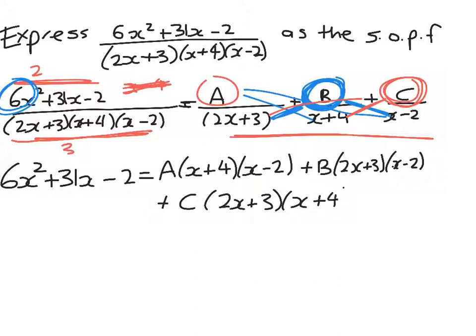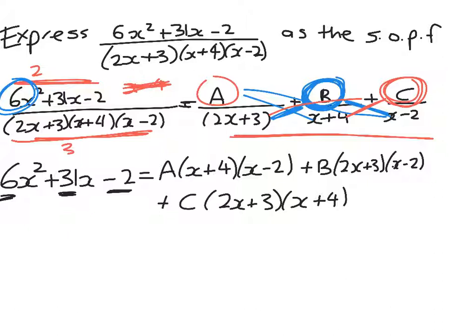Now, I'm not going to expand them out. If you want to for practice, you can go ahead and do that, and then match up the three coefficients, so you'd get three simultaneous equations with three unknowns, the unknowns being a, b and c. But I'm going to again use substitution, at least to start with.